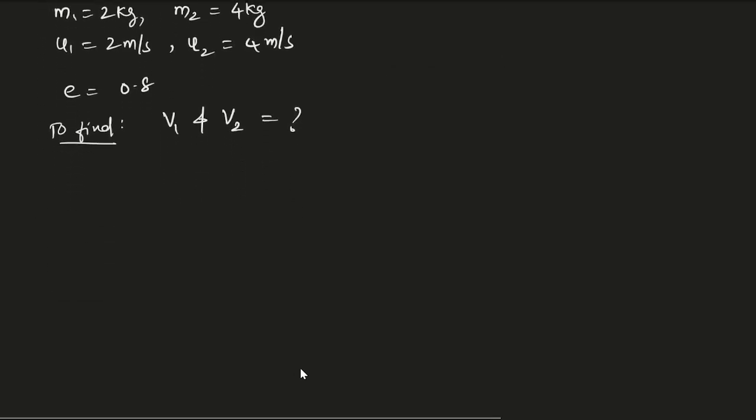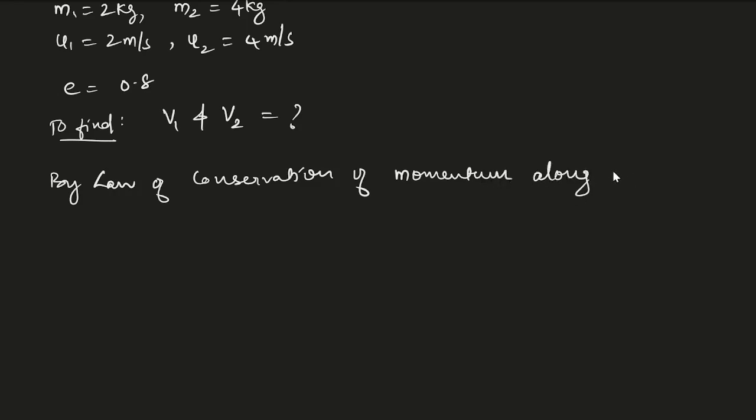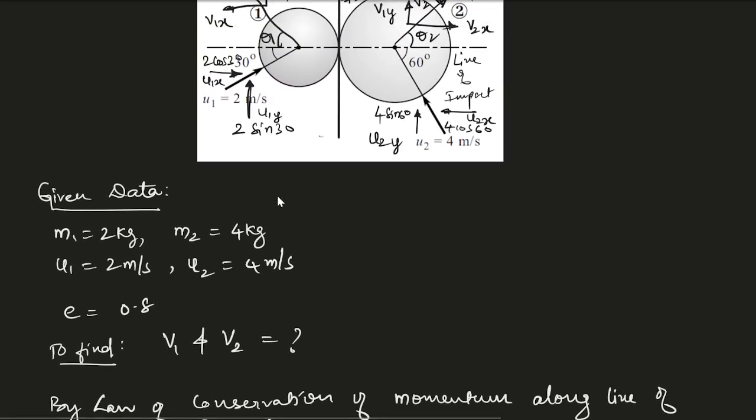We know that by the law of conservation of momentum along the line of impact. Why am I using along the line of impact? Because here we have component velocities of the initial velocity, an x component and also a y component.